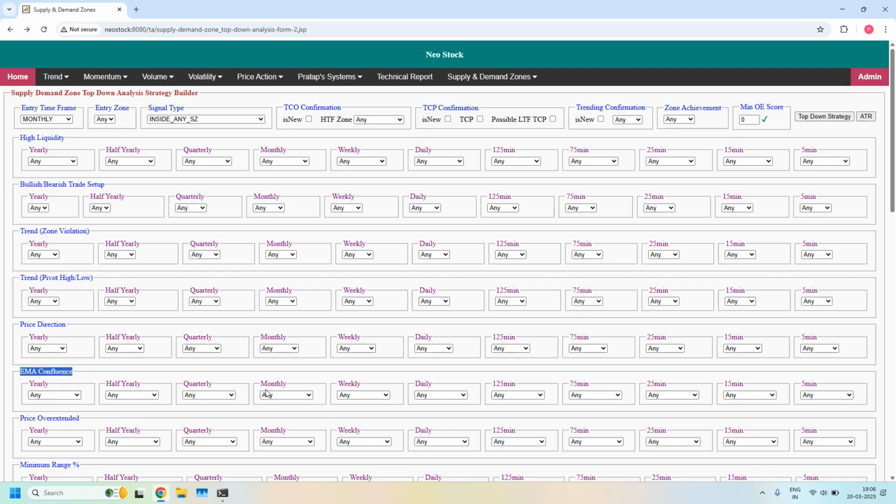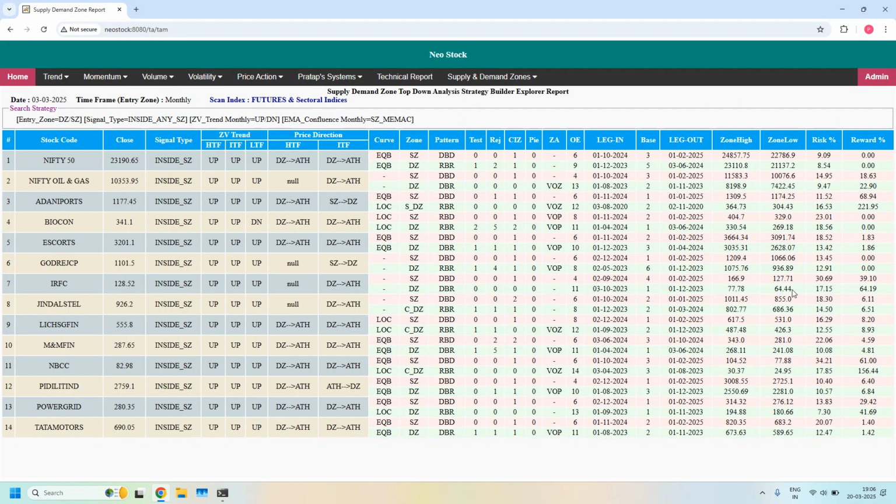In the EMA Confluence at monthly, selecting monthly supply zone having monthly EMA Confluence, trend on the monthly is up or down. With this filter, we got 14 stocks. Interesting, Nifty is also inside the monthly supply zone.